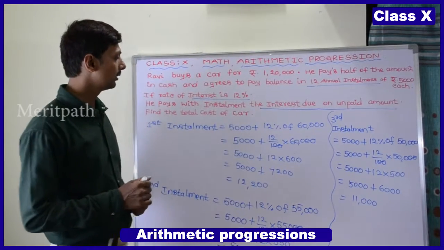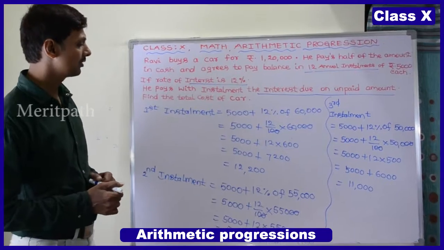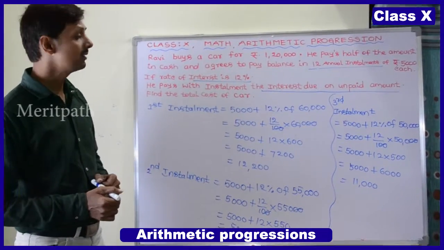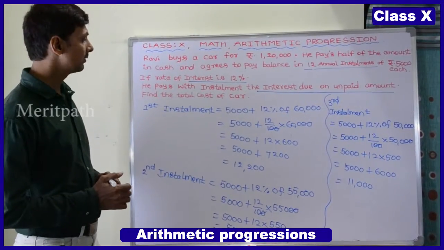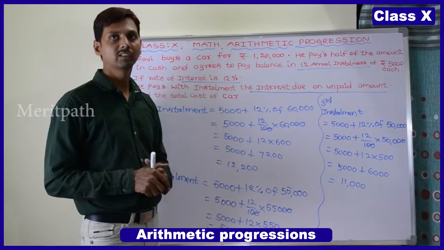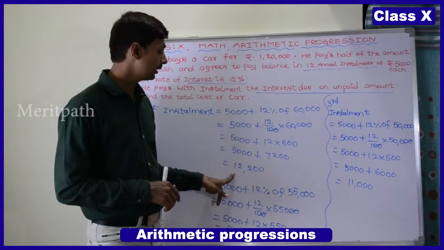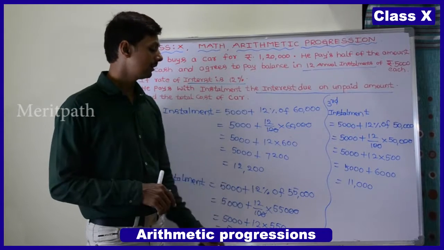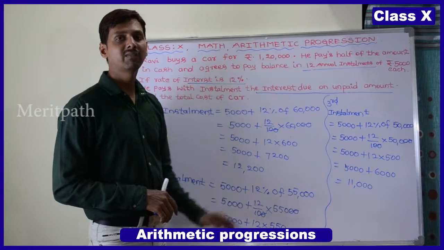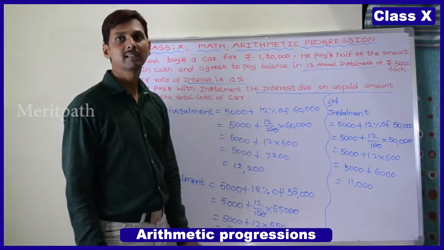Here we can observe the first installment is 12,200, the second installment is 11,600 and the third installment is 11,000. So by this we can understand it is in arithmetic progression. The difference between these terms is minus 600.